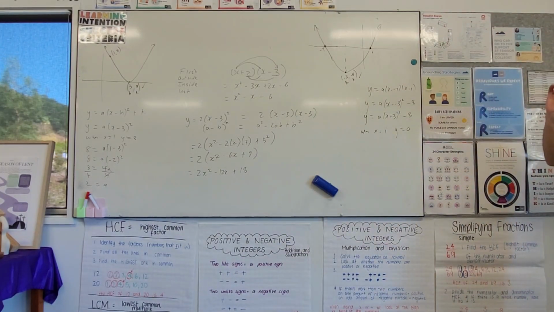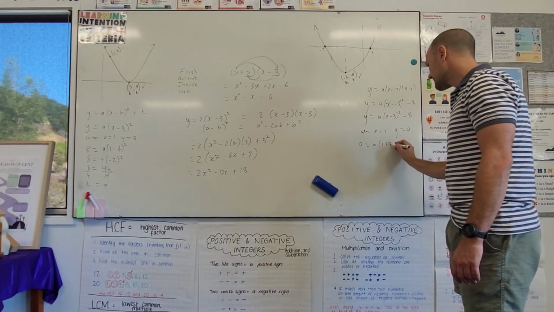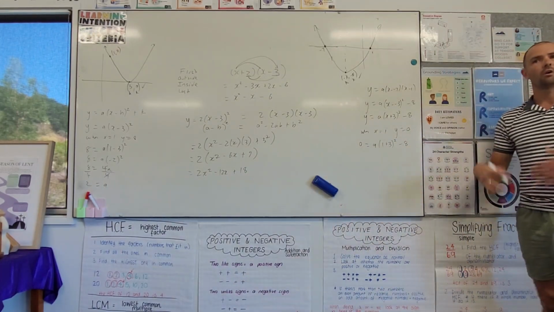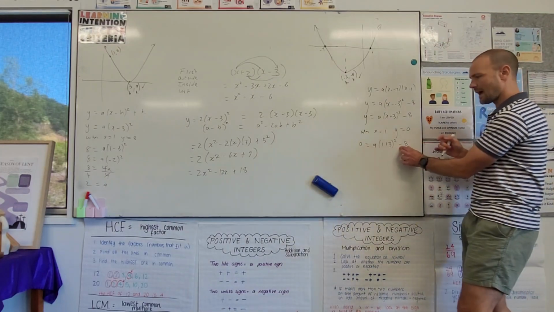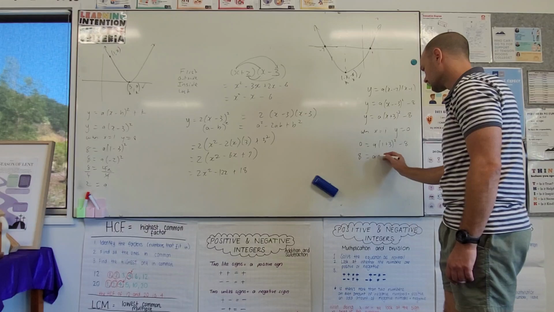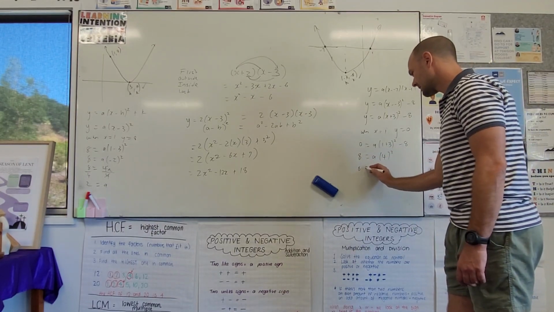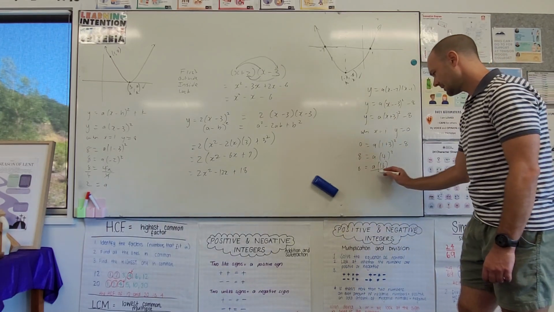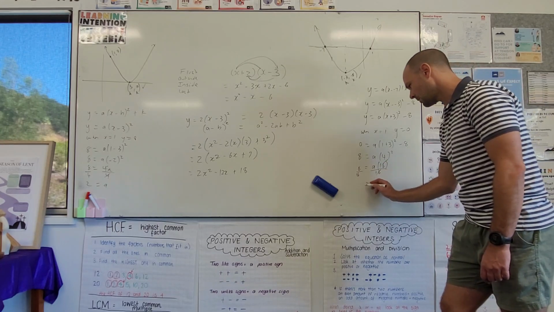So we're going to plug in 0 where the y is, 1 where the x is, and we're solving this equation for a. Now the first thing I'm going to do is move that 8 over. I'm going to plus 8 to both sides. 1 plus 3 is 4. 4 squared is 16. Divide both sides by 16. And we'll have a is positive half.